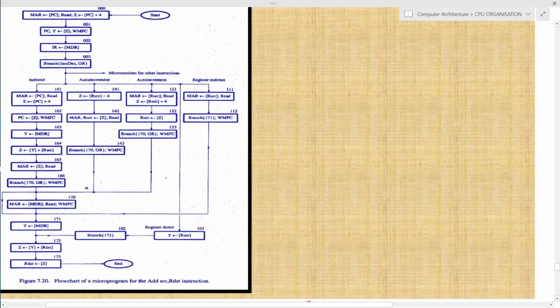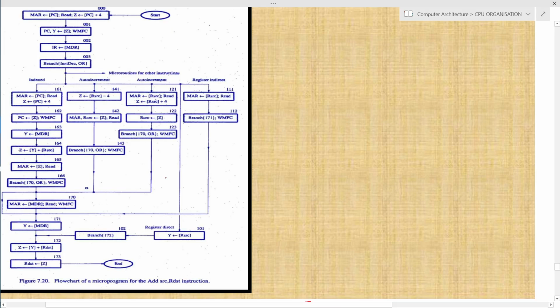So based upon the operand or operand address, or you can say addressing mode, the instruction is generated, and the microprogram control has to generate the signals, or read the particular CW values, that depend upon the addressing type.